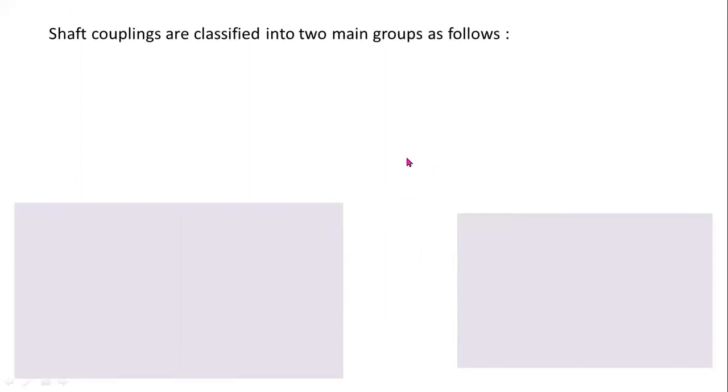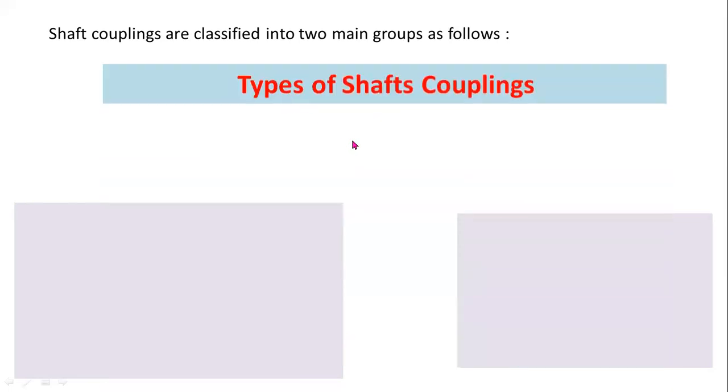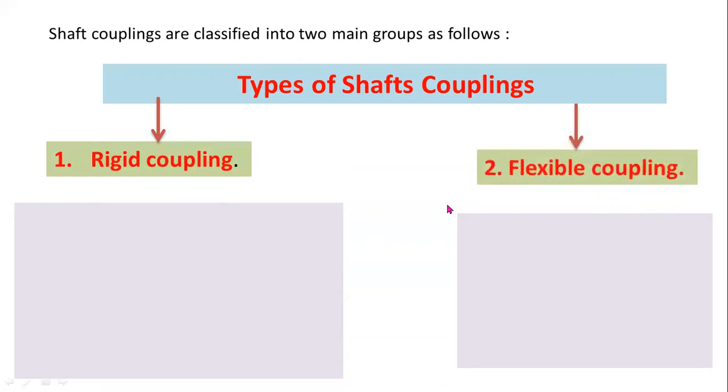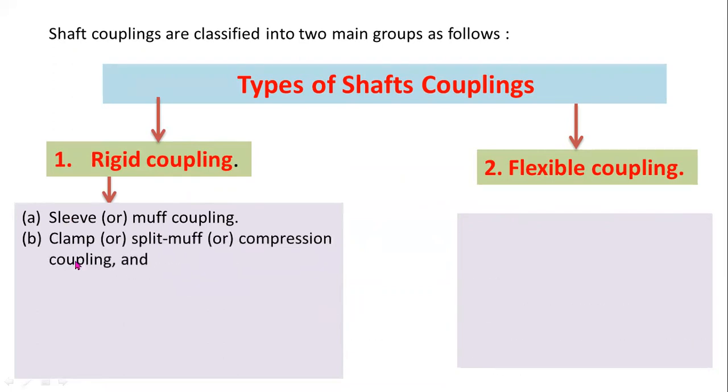Shaft couplings are classified into two main groups. First one is rigid couplings. Second one is flexible couplings. Rigid couplings are again classified into sleeve or muff coupling, clamp or split muff or compression coupling, and third one is flange coupling.